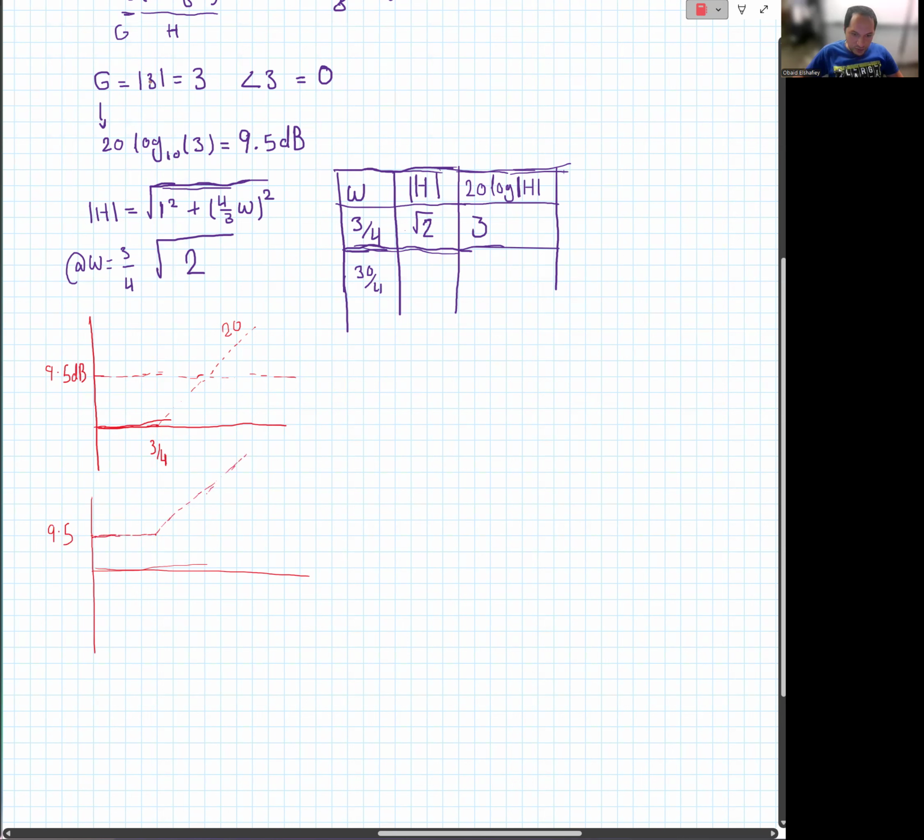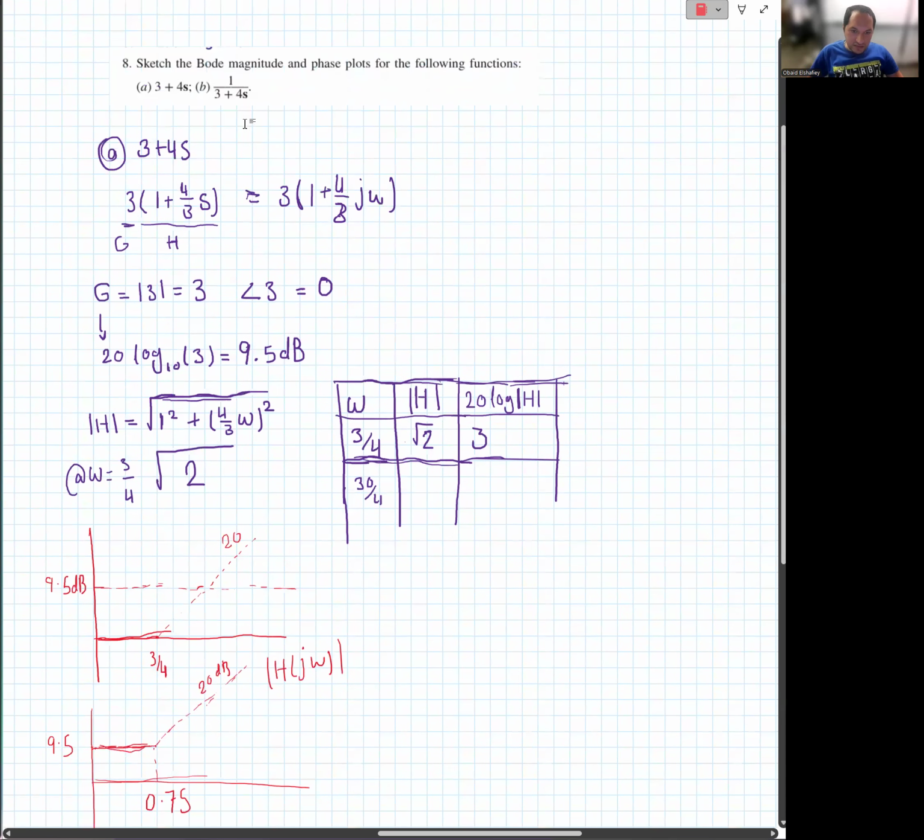So this is your total H of j omega magnitude. Here that's 3 over 4, which is 0.75, and the slope is 20 dB.